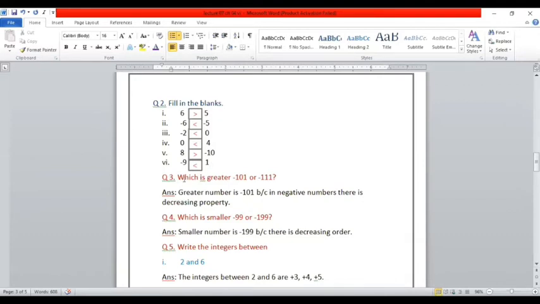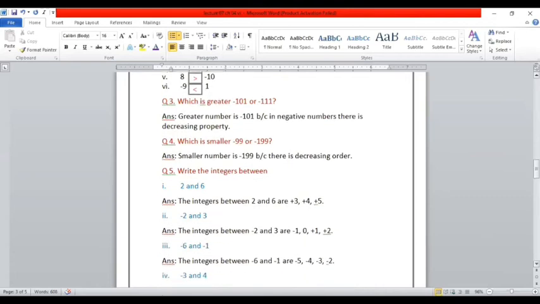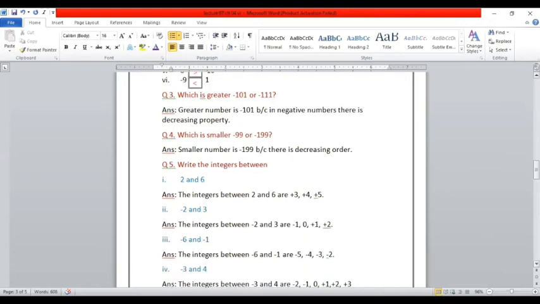Dear students, here which is greater, -101 or -111? Before the start of the lecture, I told you that negative integers have the property of decrease. So as you move up, a negative number becomes bigger. But if it is followed by a bigger digit in the negative, it will be the smallest one.